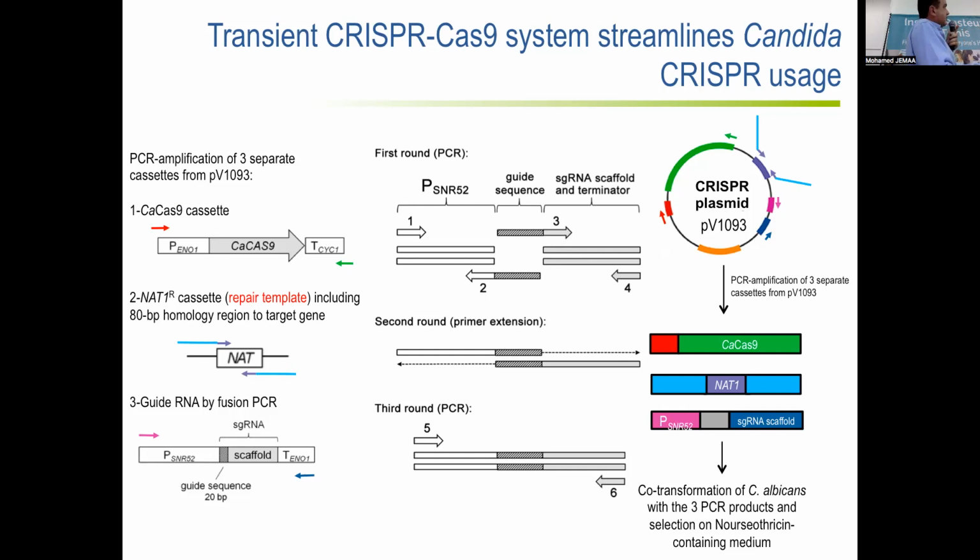So you basically get three modules: the Candida optimized Cas9, the NAT1 selection marker with the repair template, and the guide RNA under the control of RNA polymerase 3. And you co-transform any clinical isolate that you get, virtually. So every strain that you get from patients or a lab strain, you could use that system based on the fact that you're using a dominant selection marker.